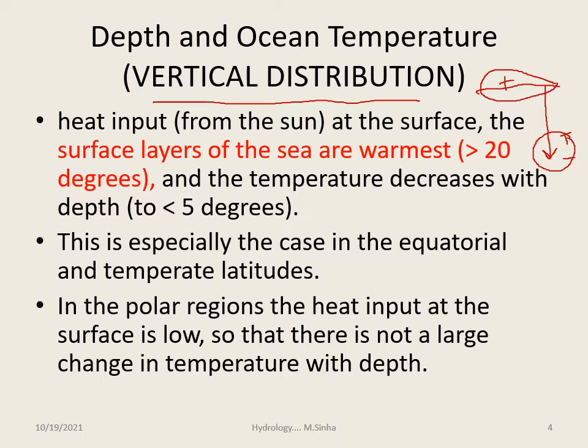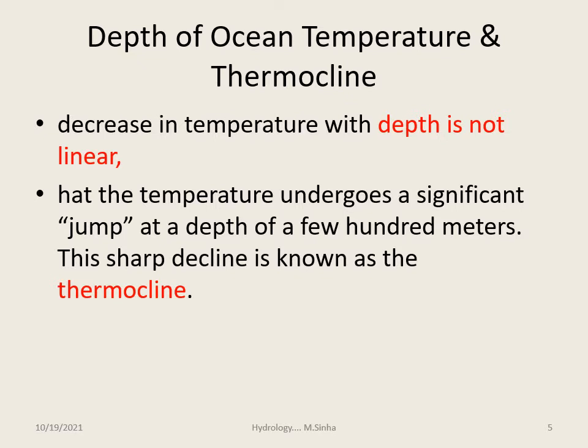Okay, but in the polar region, the heat input at the surface is low due to inclined sun rays, lesser EMR, very low and inclined insolation, and so there is no large contrast or large change of temperature with the increase of the depth of the ocean water. Okay, so depth of the ocean water and the temperature play a very significant role in water density and also the salinity.